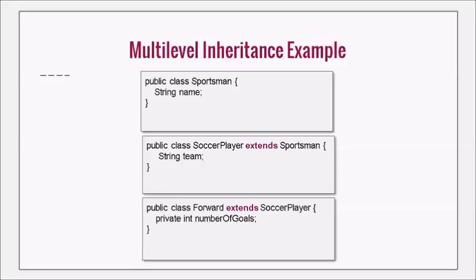Other variables which are accessible to this class are team from the soccer player, which is its immediate parent, and name, which is the parent of its parent. So the forward class inherits the variables which are declared in its parent classes. So this is an example of multi-level inheritance.